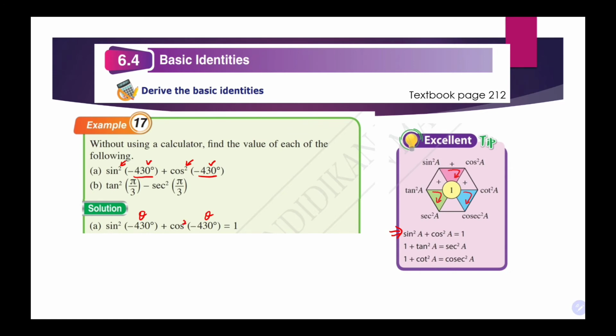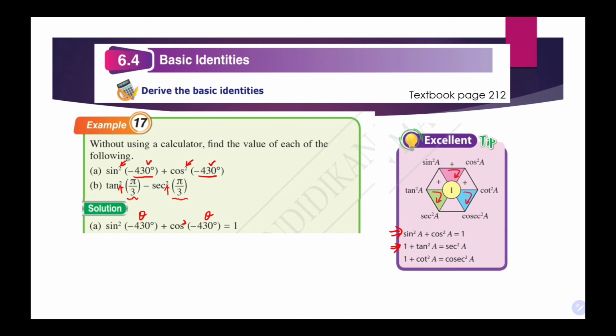What about B? We have tangent square of pi over 3 minus secant square of pi over 3. We have equal angles here, and then we have the functions with squares. So we check our basic identity. This is the only identity involving tangent and secant.